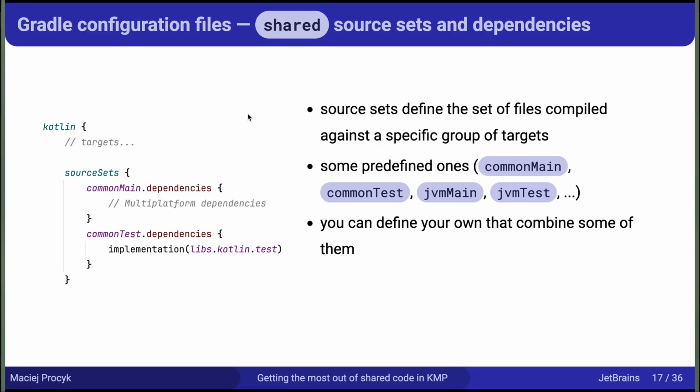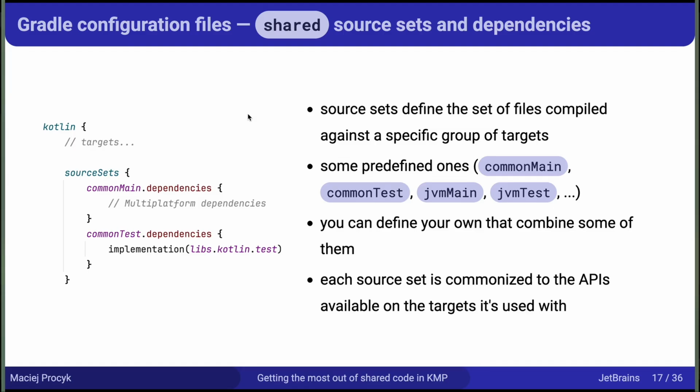But what's important to understand, to have a better understanding of the technology, is to keep in mind that the common source set that you define is commonized to the targets that you declare.